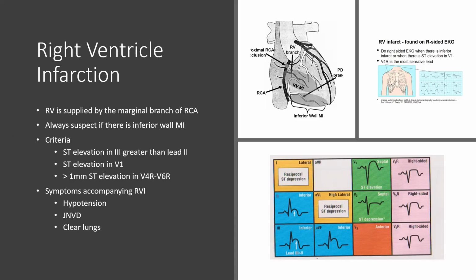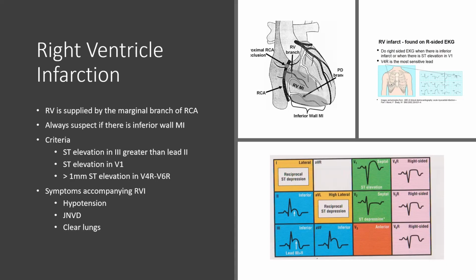This is the reason that in this type of myocardial infarction, nitroglycerin is contraindicated. Let me repeat that. In this type of myocardial infarction, nitroglycerin is contraindicated because of the already compromised and decreased preload from the right side of the heart.